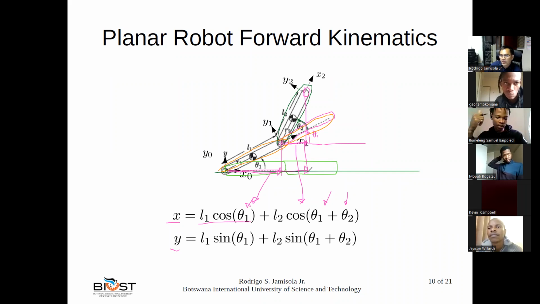But you should not memorize it. It's just a consequence of the configuration of the joints. If you keep adding a link like this, you just keep adding the length and the total angles, because physically that is what happens.